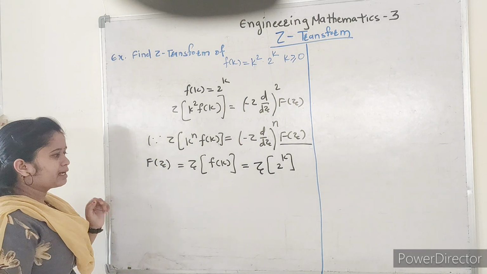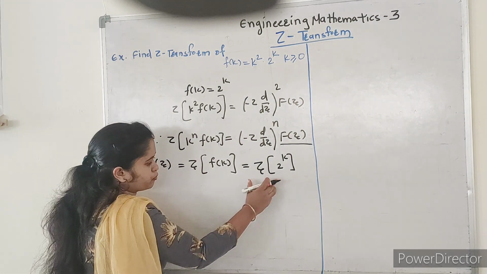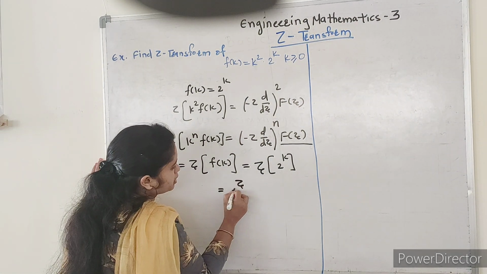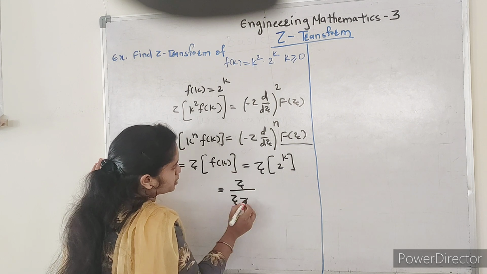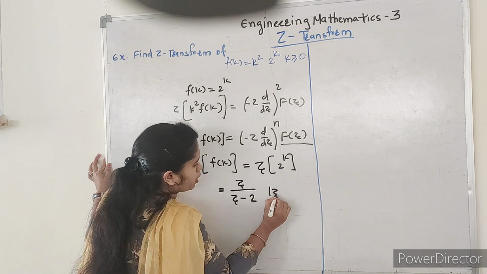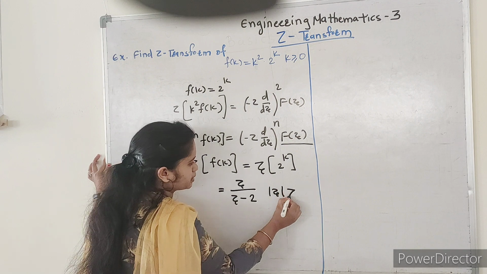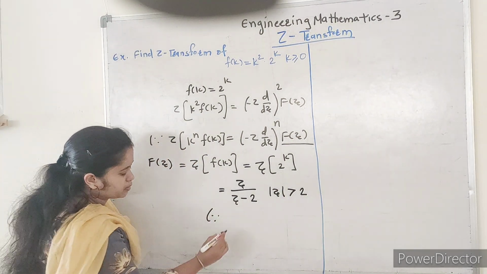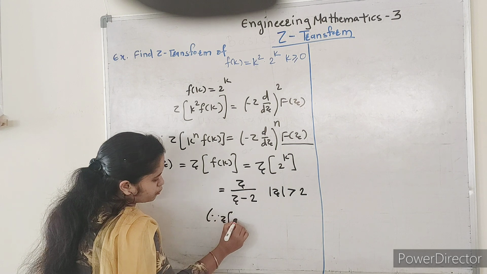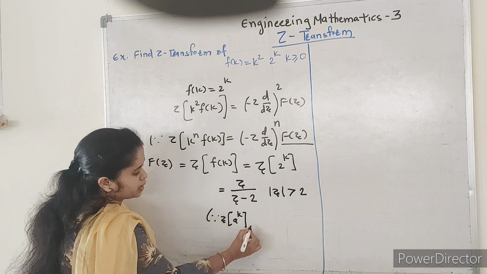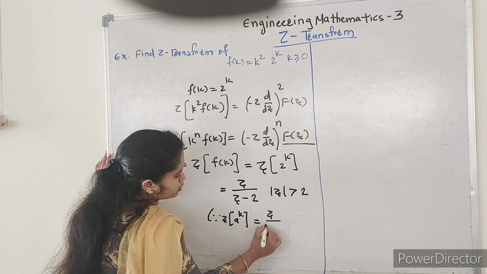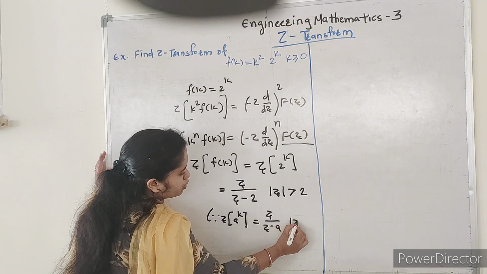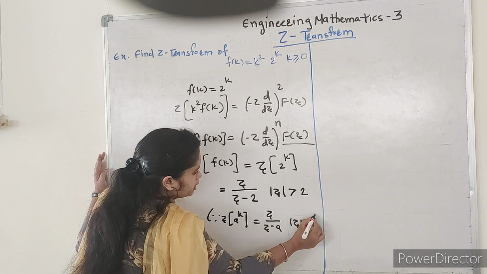So we directly write the Z transform of this is z upon z minus 2 for all z greater than 2, since the Z transform of a raised to k is z upon z minus a for all values of z greater than a.